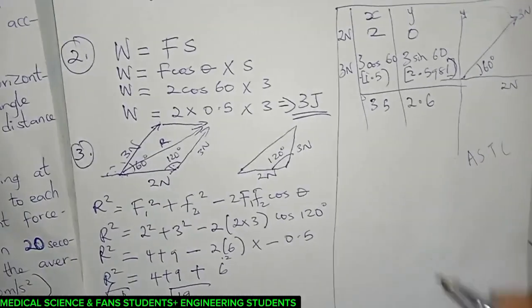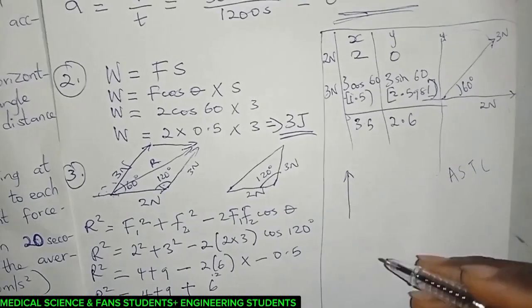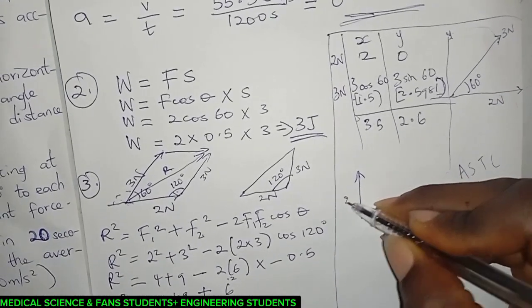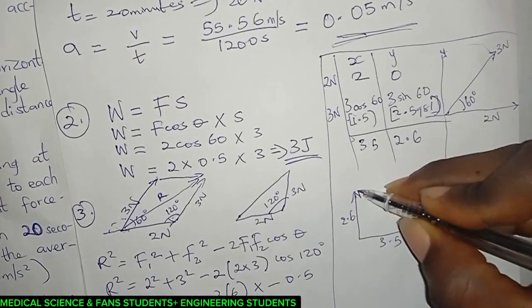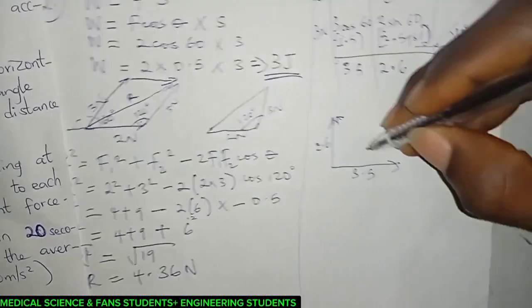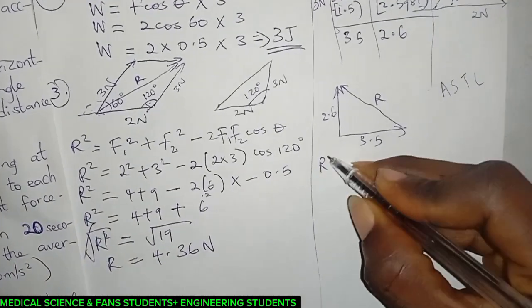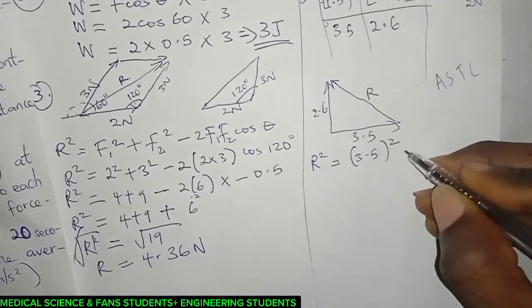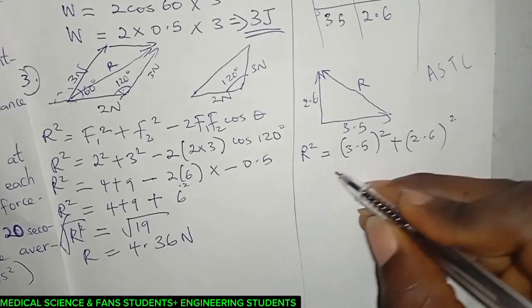So now you take it and do Pythagoras, so that you don't do the triangular method, 2.6, 3.5. R square equals 3.5 square plus 2.6 square.